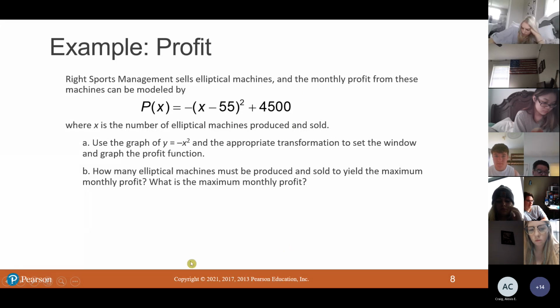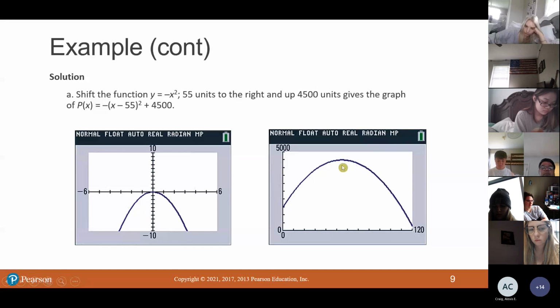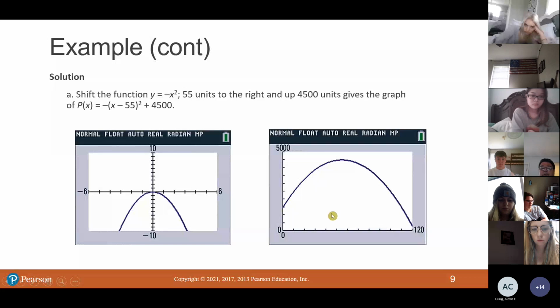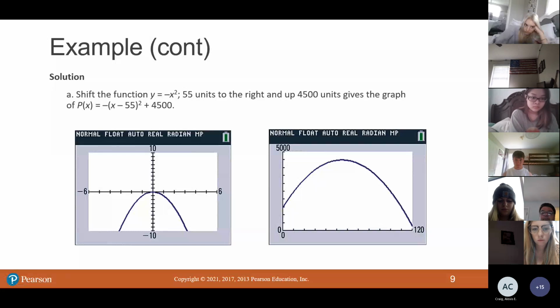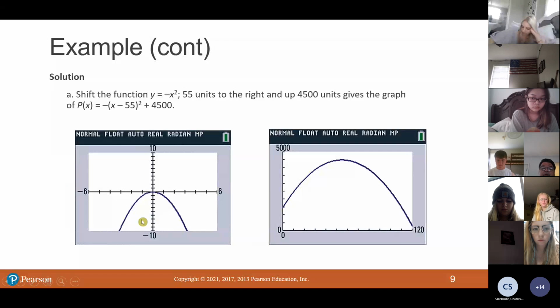So if you sketched it, you would sketch the parabola opening downward at (55, 4,500). And it would look like this right here. Here's the parent graph of -x squared.